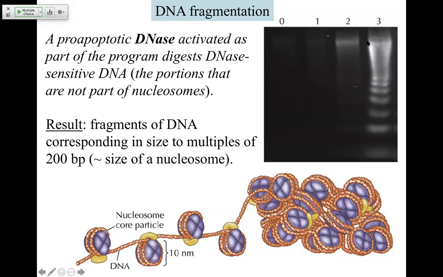Yes, some of the DNA is still high molecular weight, but we're starting to see a ladder of fragments that are 200 base pairs different in size, because the amount of DNA between one nucleosome and another, wrapped around that particle, is about 200 base pairs. So we'll see there's 200 and 400 and 600 and 800. These regularly spaced DNA fragments are characteristic of a chromosome being fragmented, right?